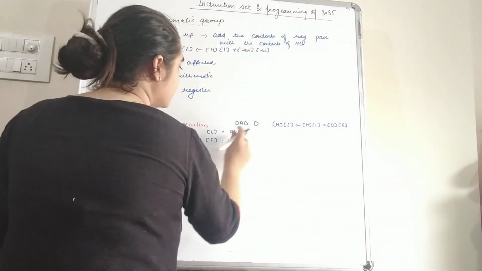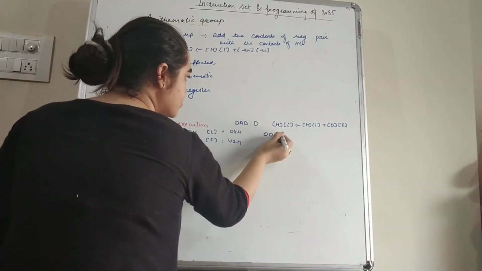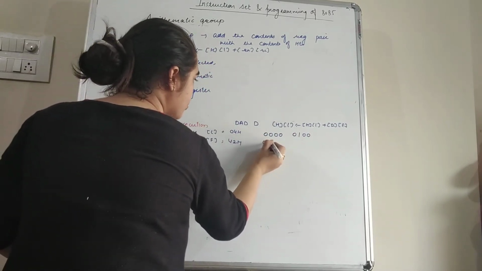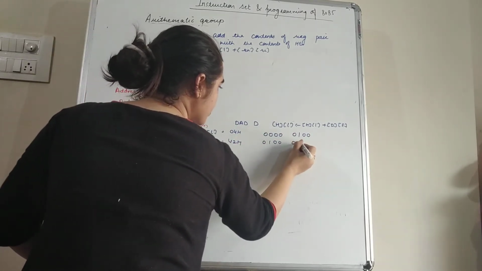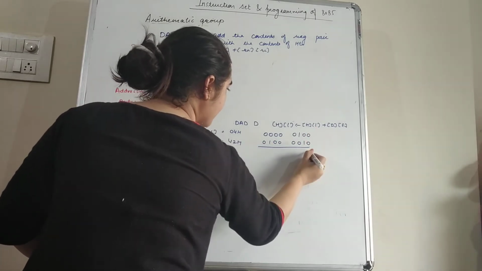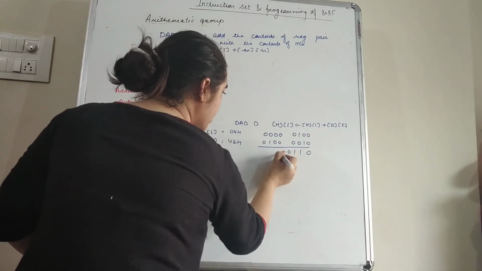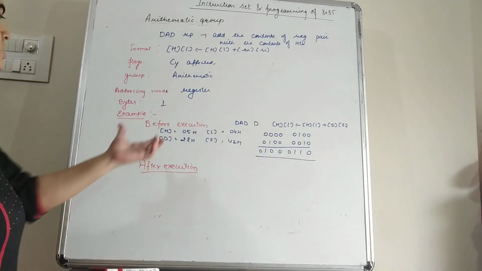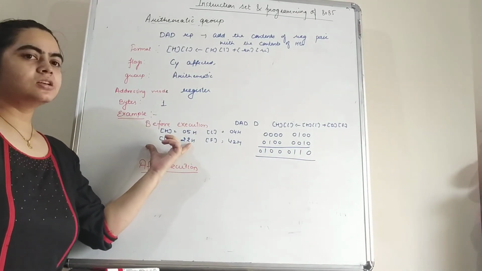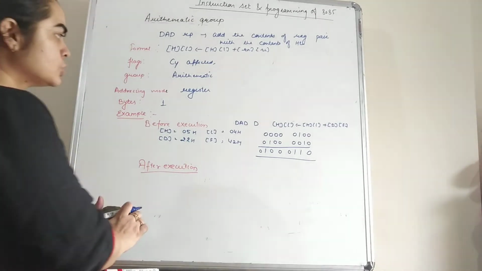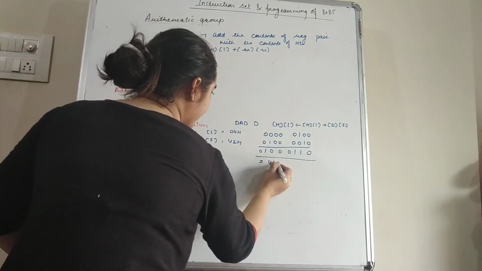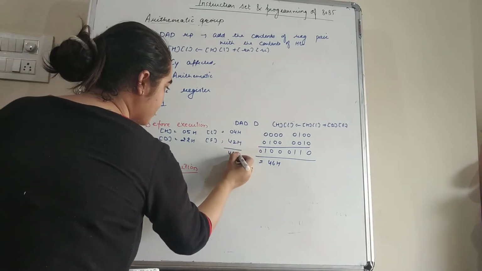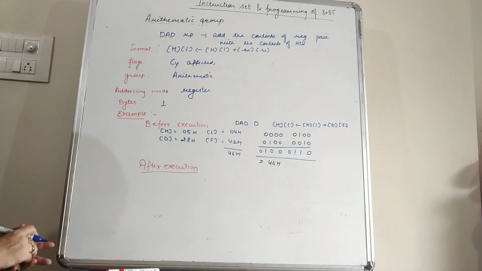So 04 is 0000 0100. 42 is 0100 0010. Adding these two numbers gives 0100 0110. No carry is generated, so we simply add these two numbers. In short we can write it as 46H. After the addition of these two numbers we have the result 46H.